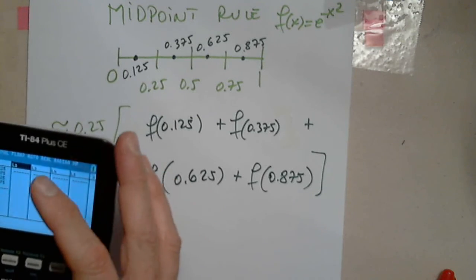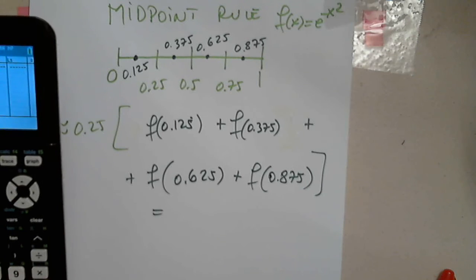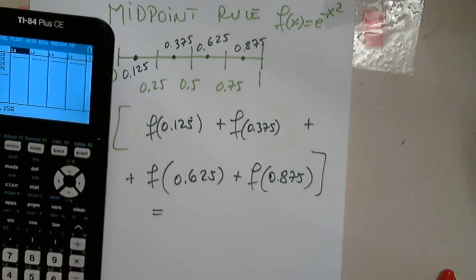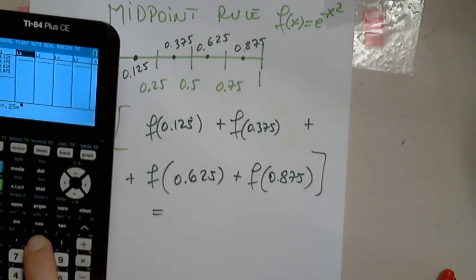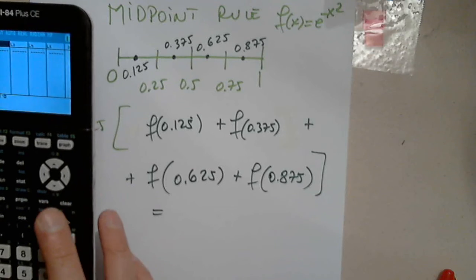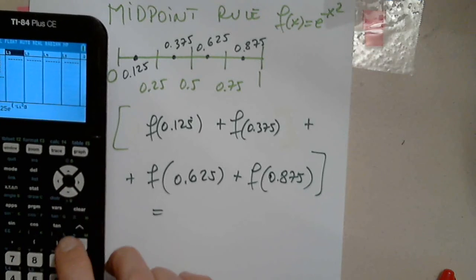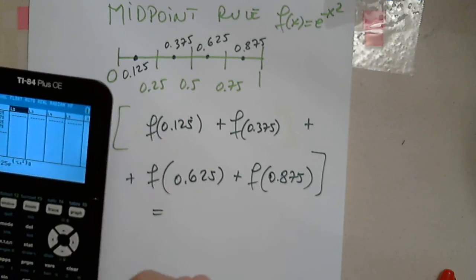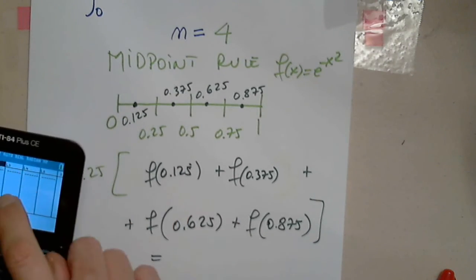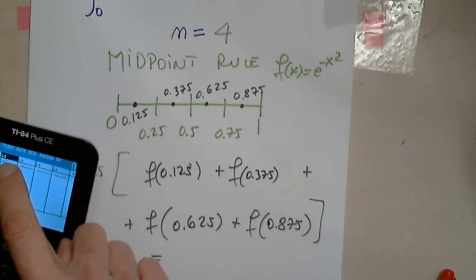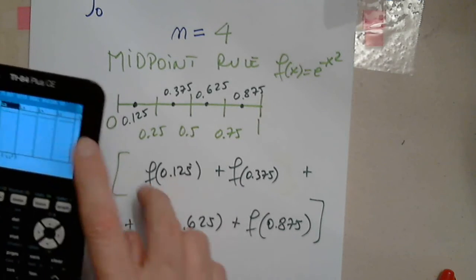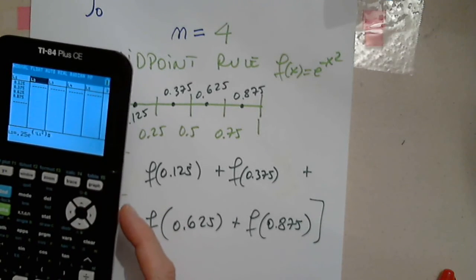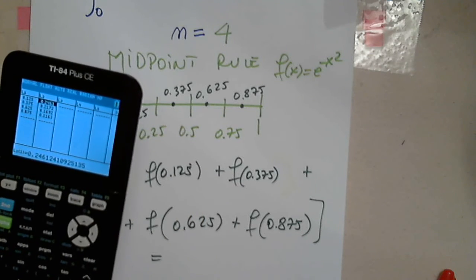And now in list L2, I want to put 0.25 times e raised to, in parentheses, minus list L1 squared, and close the parenthesis. I want the calculator to give me all these numbers right away, meaning this times this is going to be on the first row, second column. This times this is going to be in the next one, and all of them would follow. So I'll press enter, and I get all those four numbers right away.